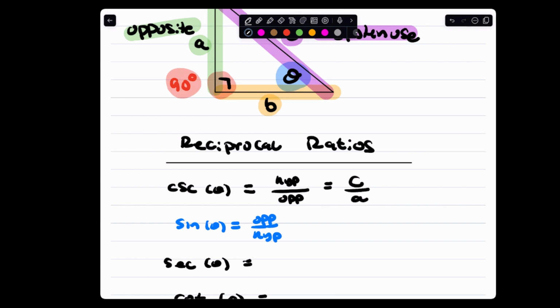It is. So it's very simply going to be C over A. Our color C is purple. Hypotenuse. Opposite.